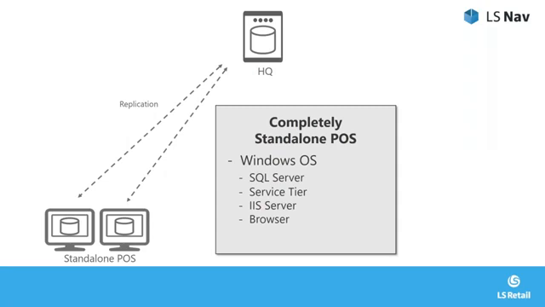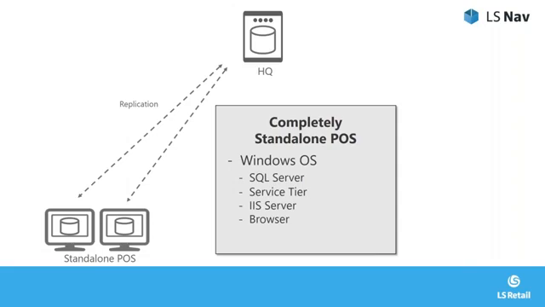You might think, web POS, now I need a POS that only talks to the cloud. That's not exactly true. Of course it talks to the cloud, but it still offers the same architecture you know from the Windows POS, where you can have a standalone POS, for example here on the left, where you have everything on the device, meaning that the POS can be completely standalone and do all the transactions.